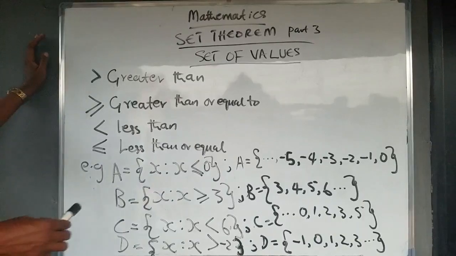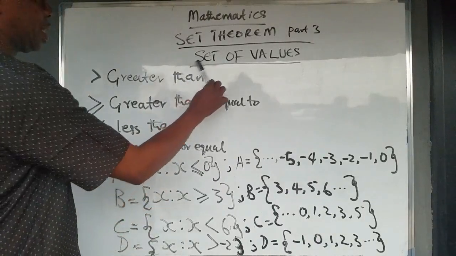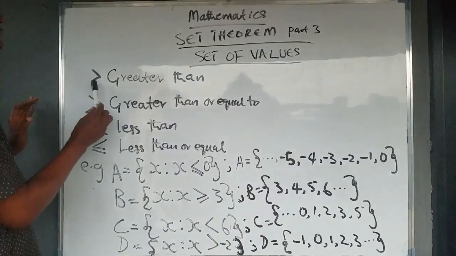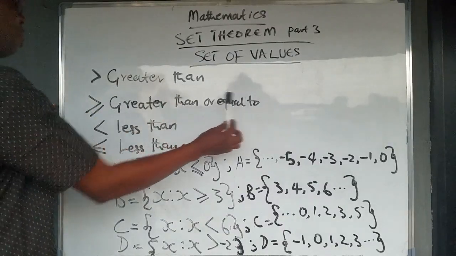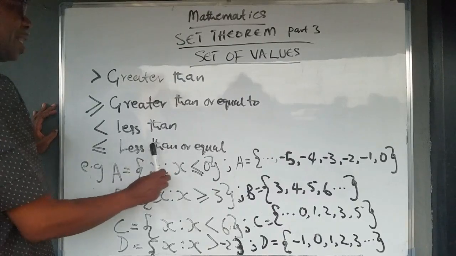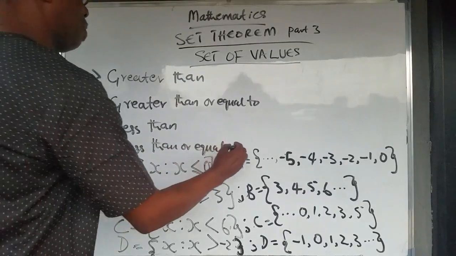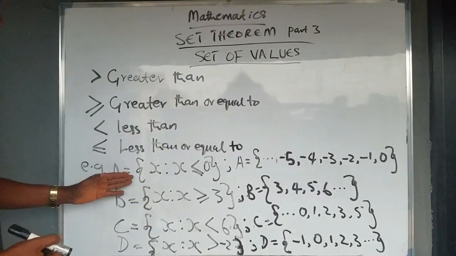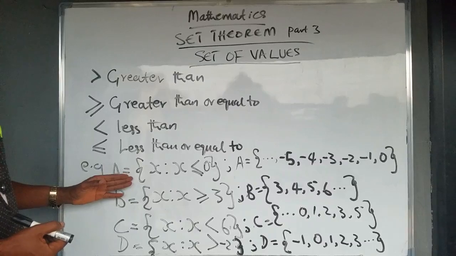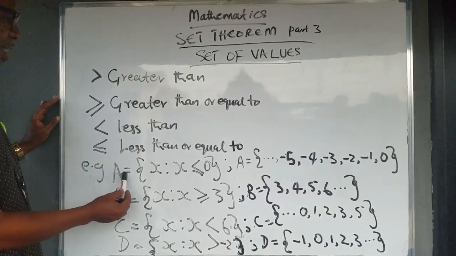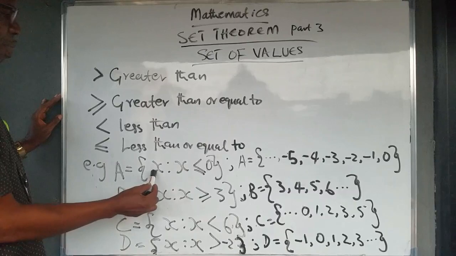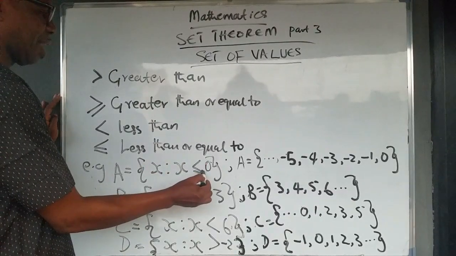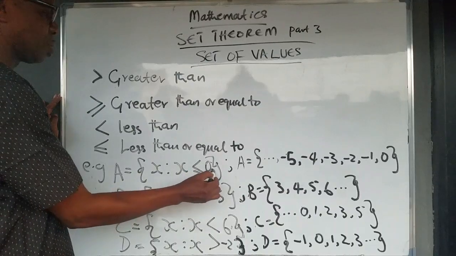Okay, now let's look at another important aspect of set theory. That is set of values. I know that you are conversant with these symbols: greater than or equal to, less than or equal to. Now, I want you to notice something. You can have something like this in your set theory questions, where set A is equal to members of X, and X is less than or equal to 0.